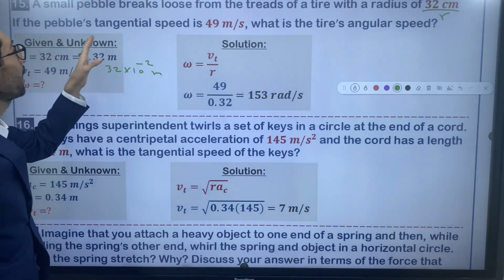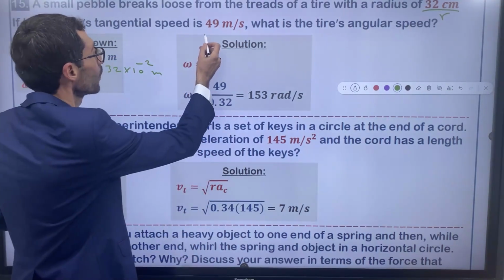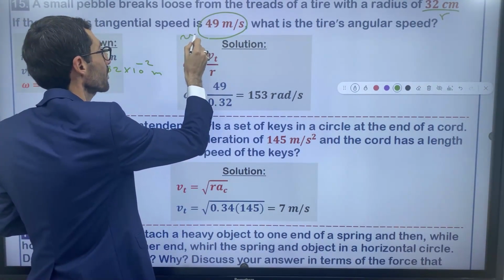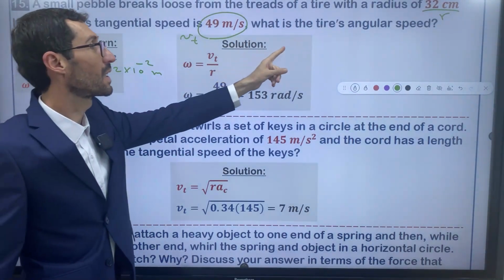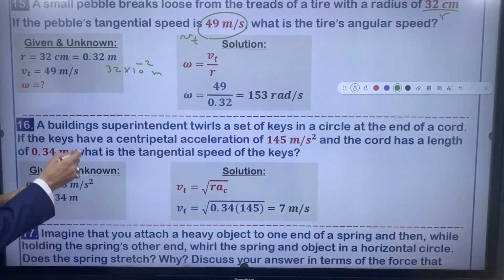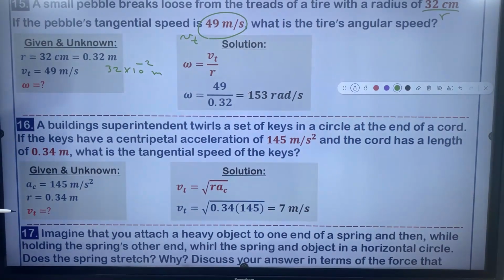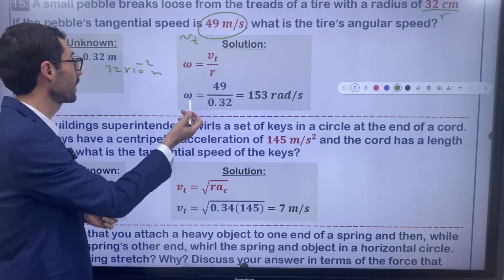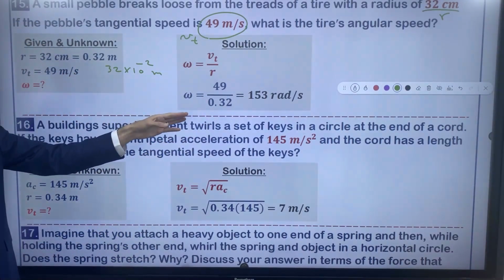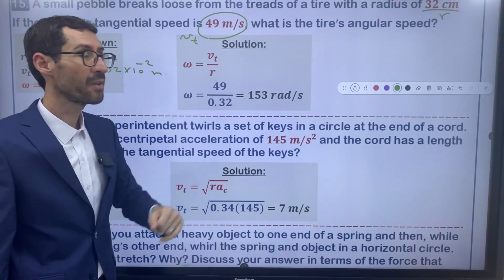It says if the pebble's tangential speed, Vt, is 49 meters per second, what's the tire's angular speed? We look for omega, right? So omega is equal to Vt over R. Vt, 49 divided by 0.32, is 153 rad per second.